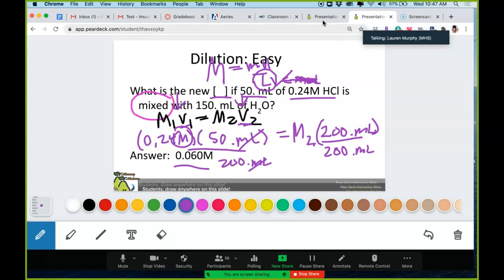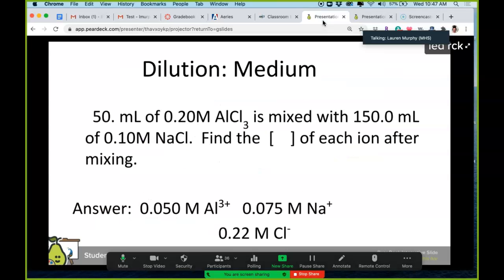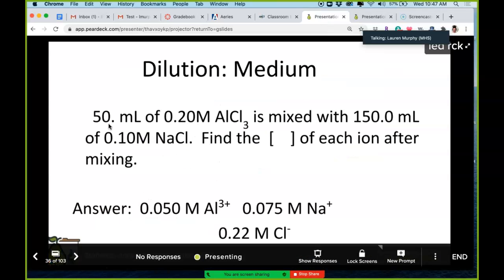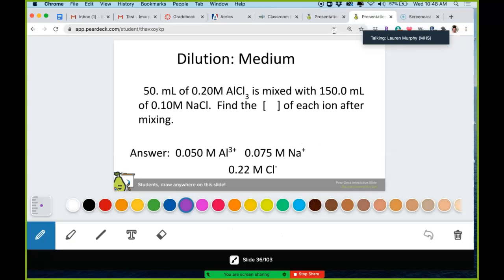Okay, so let's do a little bit harder one. So they're going to take 50 milliliters of aluminum chloride, and they're going to mix it with 150 milliliters of sodium chloride. So they're taking two different solutions and throwing them together. Now they want the concentration of every single ion after you mix. So let's try to draw this out. I have one container that has 50 milliliters of aluminum chloride.